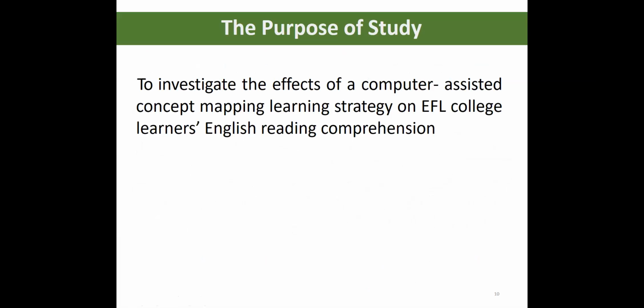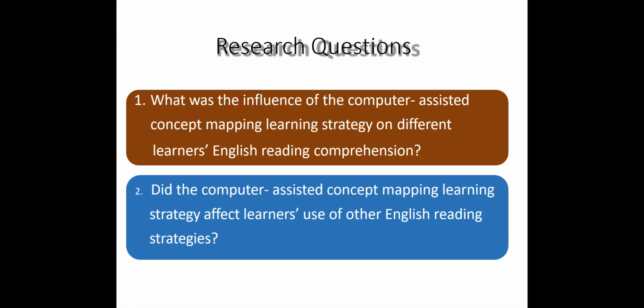So the purpose of my study is to investigate the effect of computer-assisted concept mapping learning strategies on EFL college learners' English reading comprehension. And to fulfill that purpose, my research will focus on two research questions.